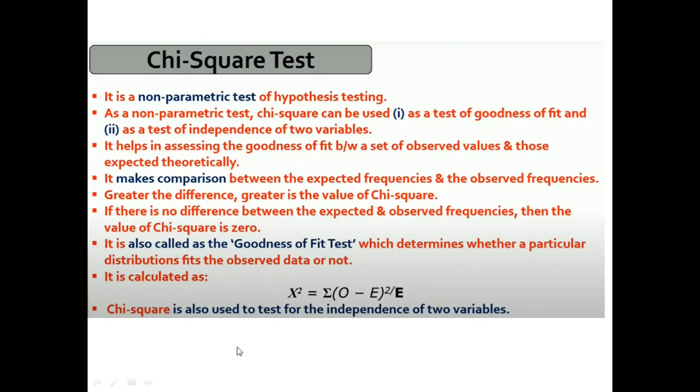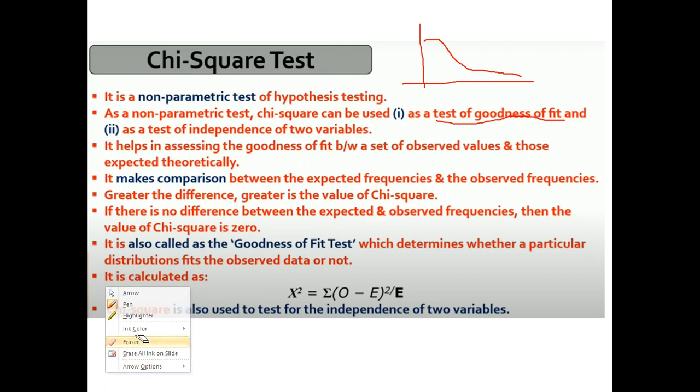Two things we test: goodness of fit, meaning a classic distribution kind of thing. Suppose you assume your data is Poisson distribution.